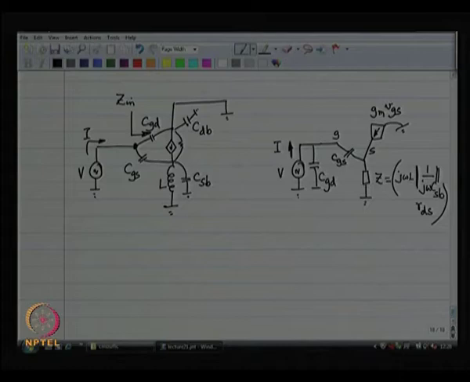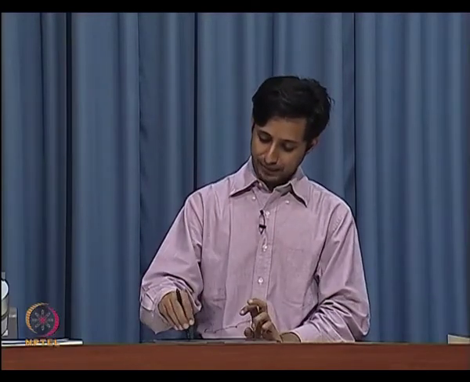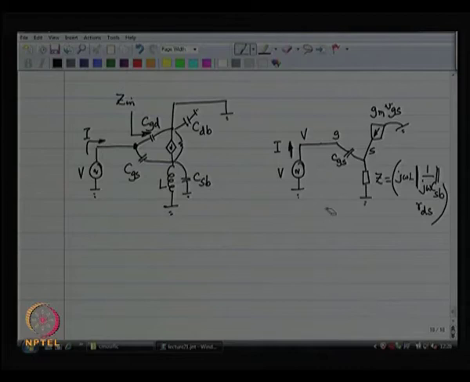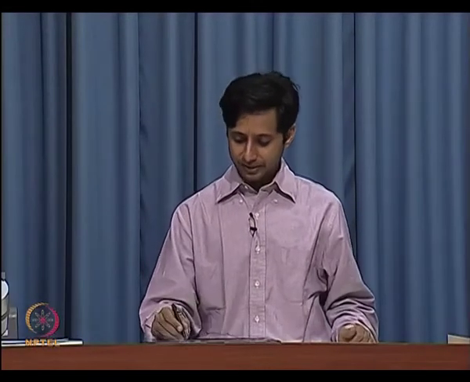I have applied V volts over here. CGD is basically just going to come in parallel with everything else. So, if I find the input impedance without CGD, the final input impedance will be CGD in shunt with whatever I have found. So, CGD also is not particularly important.